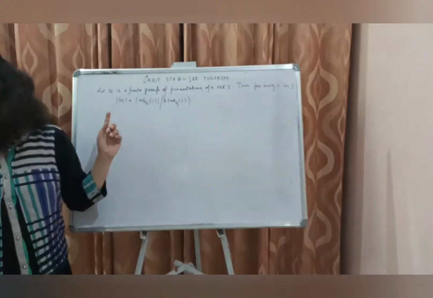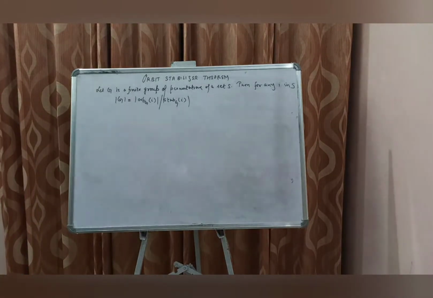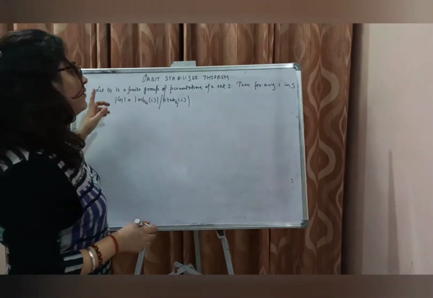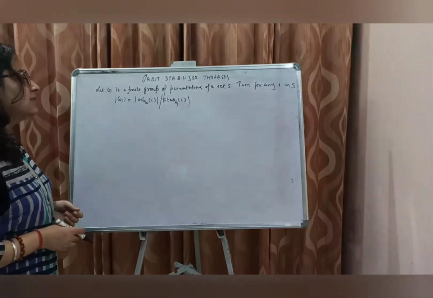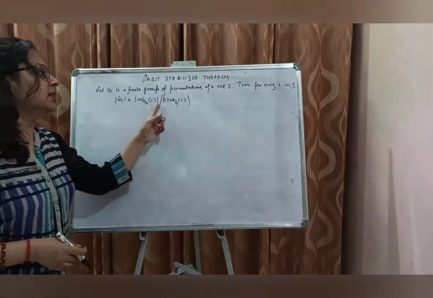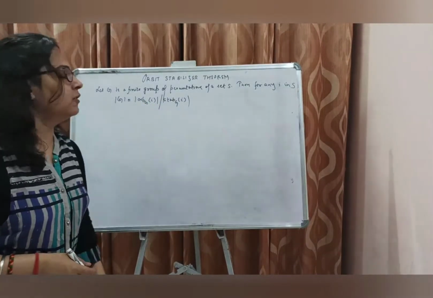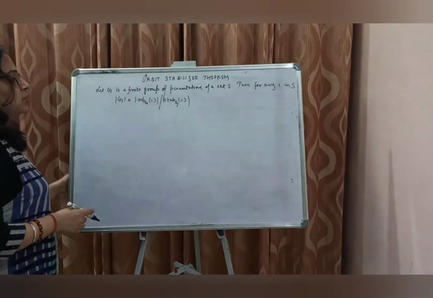So this says that if G is a finite group of permutations of a set S, then for any I in S, the order of G is the same as the order of the orbit divided by the order of the stabilizer.